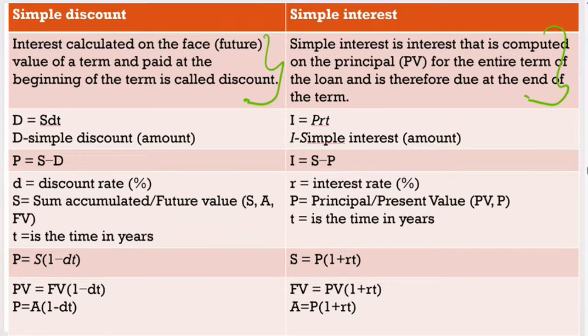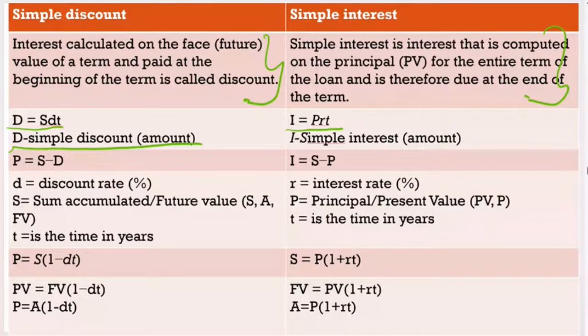Now let's come to the formulas and contrast them against each other. Okay, so now in the simple discount, your discount is this formula. In the simple interest, this is how the equivalent formula for interest would be looking. So you need to see these things opposite each other. Okay, so now your simple discount, that is the amount.